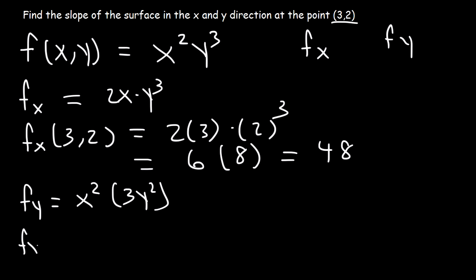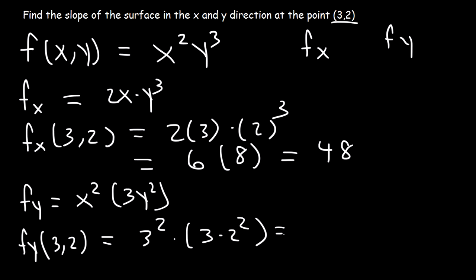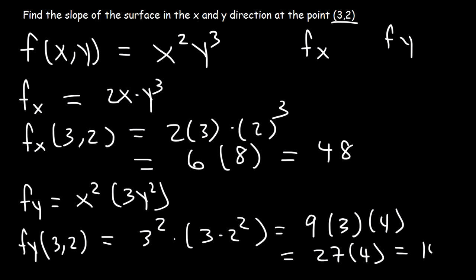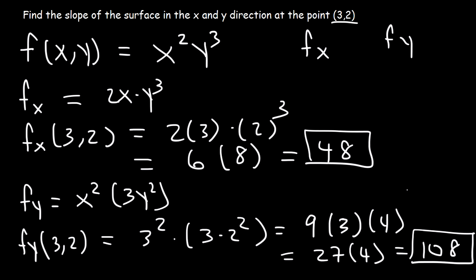And so fy, the slope of the surface in the y direction, this is fy of 3, 2. It's going to be 3 squared times 3 times 2 squared. 3 squared is 9, and 2 squared is 4. 3 times 9 is 27, and 27 times 4 is 108. So these are the answers that we're looking for.